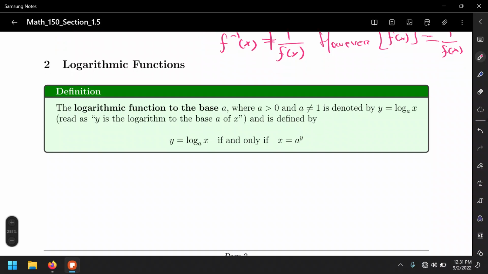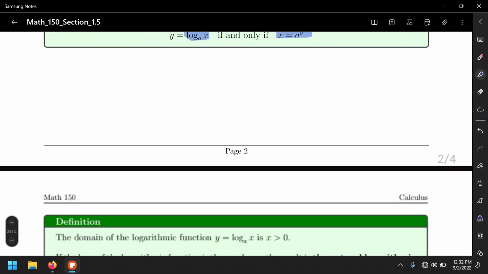For example, the definition is: the logarithm of x on the base a is the power y such that the base raised to the y value equals the same value x. Well, right now in symbols, let's do some examples so this makes more sense.